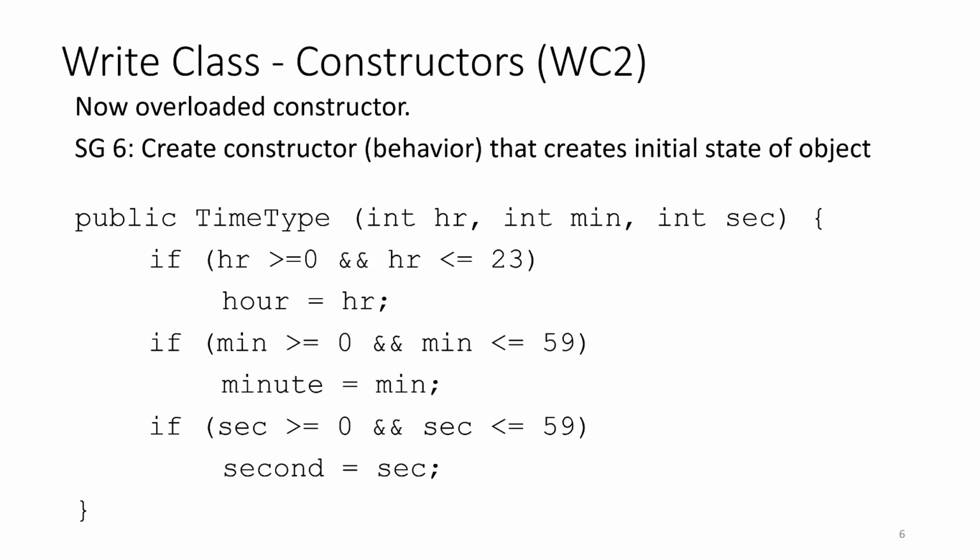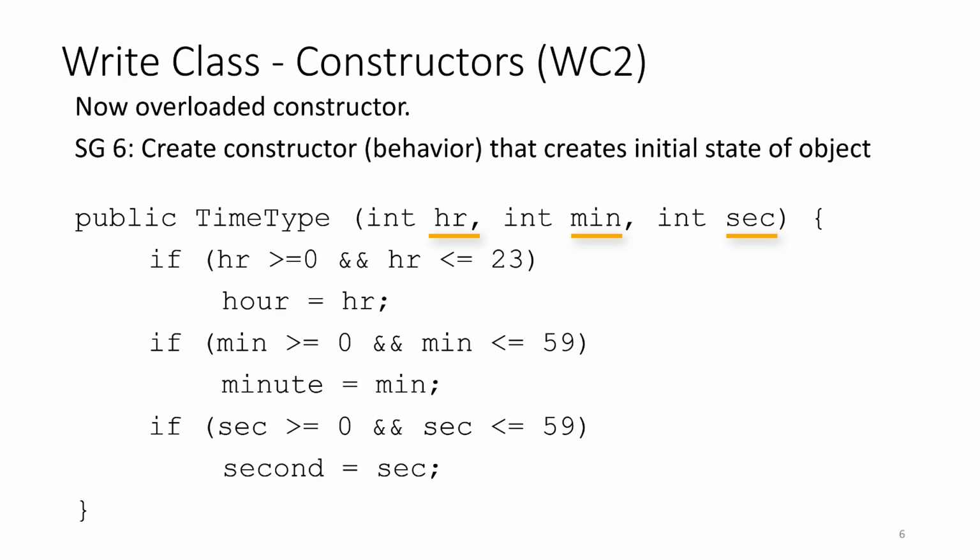Now let's tackle the overloaded constructor. For the overloaded constructor, again it's public, it has the same name as the class, and it has no return type. In this case, it has 3 parameters, 3 integers. We can decide what order we want to put them in. In this case, we will do hour, minute, then second.